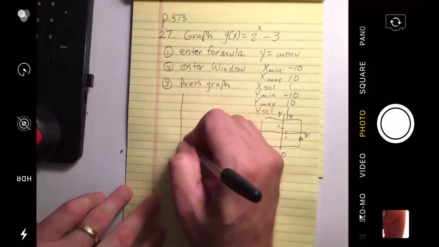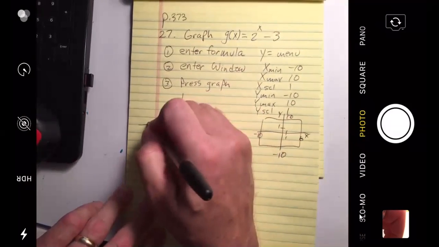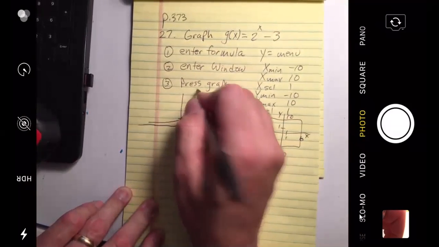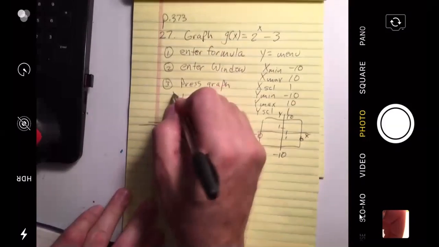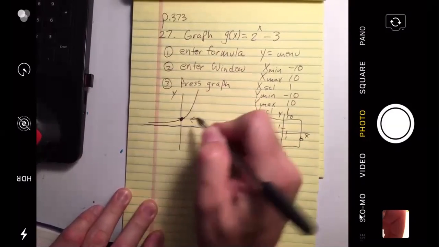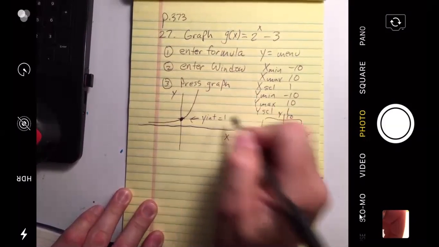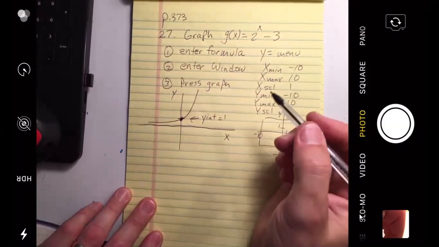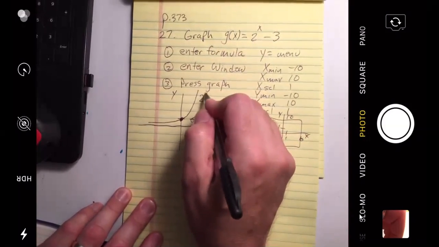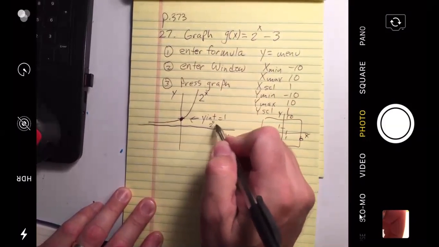So straight 2 to the x goes like this, and your y-intercept equals 1. That is because when x is 0, 2 to the 0 equals 1.